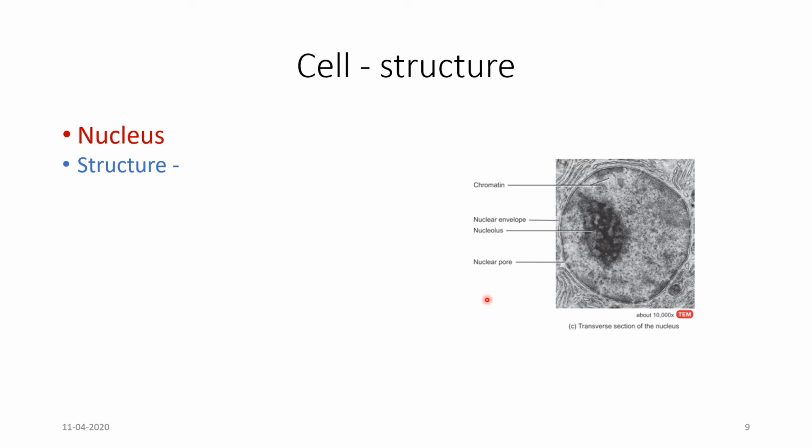And what will be the structure of it? It contains a bilaminar membrane known as the nuclear membrane, and this nuclear membrane presents small pores in it. So this is the bilaminar nuclear membrane with pores.